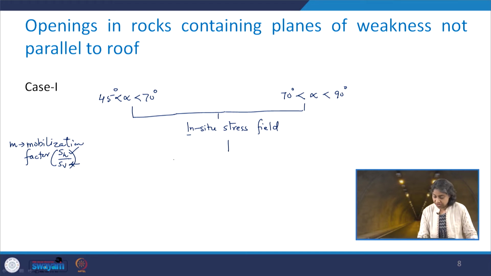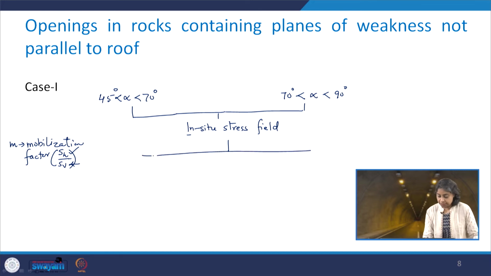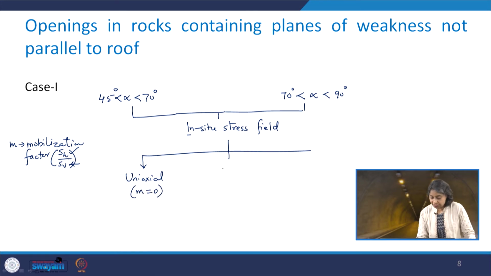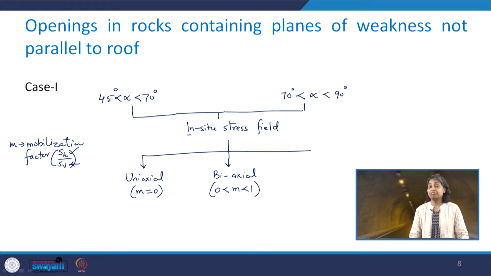Based upon this, we defined three types of stress field. One was the uniaxial state of stress, where we define M to be equal to 0. The second one was the biaxial state of stress, where we had M varying between 0 and 1, and typically we took M equal to 1 by 3 when we were discussing non-circular openings and the stress distribution.